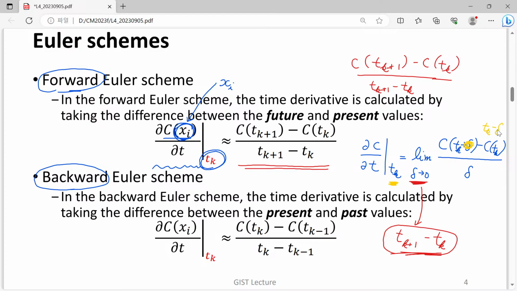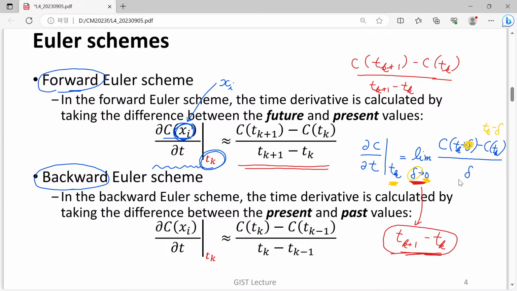So are you with me? If delta goes to 0, these two types, the left limit and the right limit, should be the same. However, unfortunately our delta cannot approach a really small number like 0. So we have to consider this one.